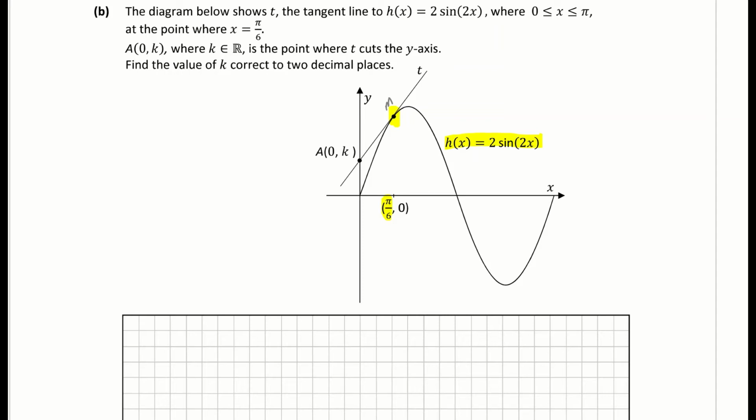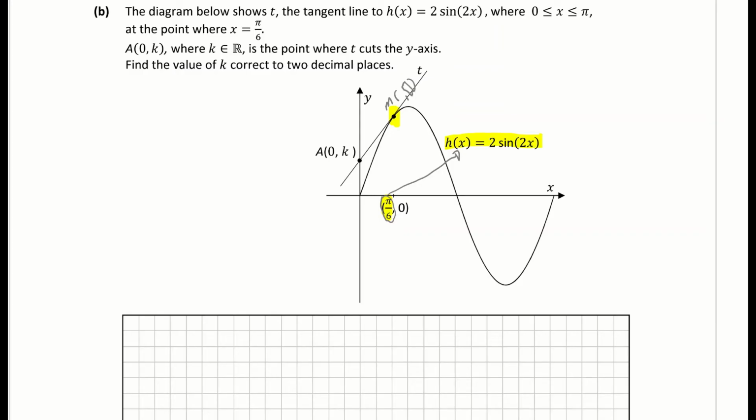I need to have the point A, which is (0, k), but I also need to know what is the point here where the slope is found. In order to do that, I'm going to sub my pi over 6 into the original function, and that will get me my y value here. So there's my 2 points on that tangent t, and from that I'm going to form the equation of the line. So a bit of work involved in it, but that's just giving you a brief synopsis of what I'm going to do now.